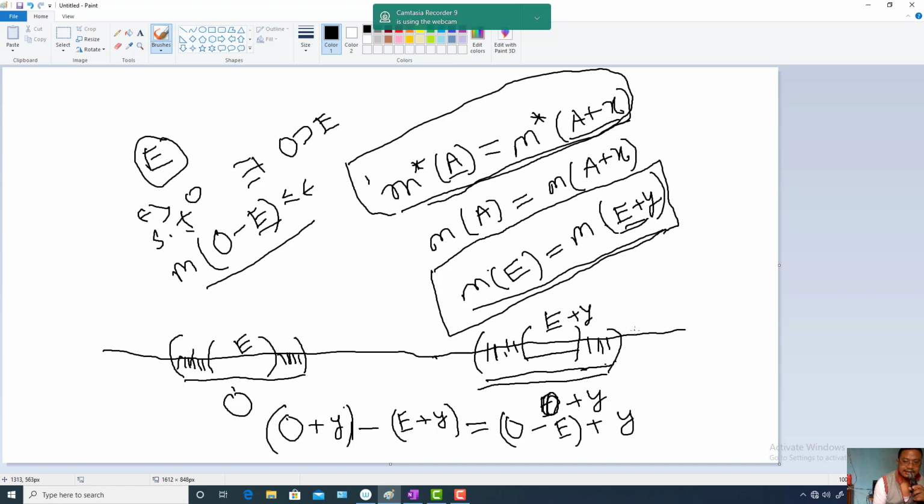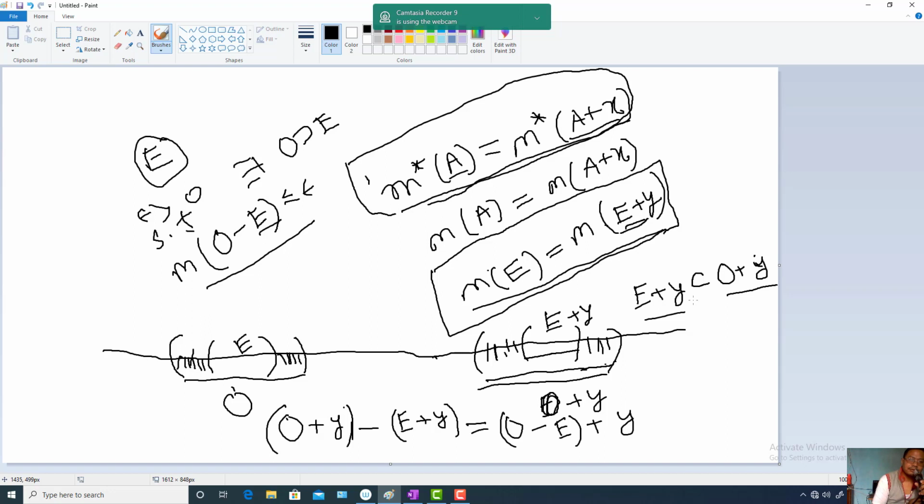Again, E plus y is a subset of O plus y, and O plus y is an open set containing E plus y. So these are the background, then the theorem will be easy.